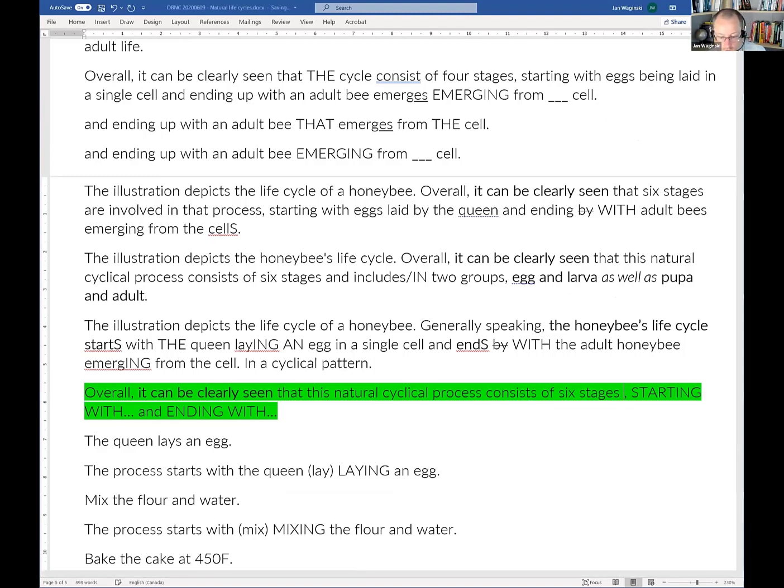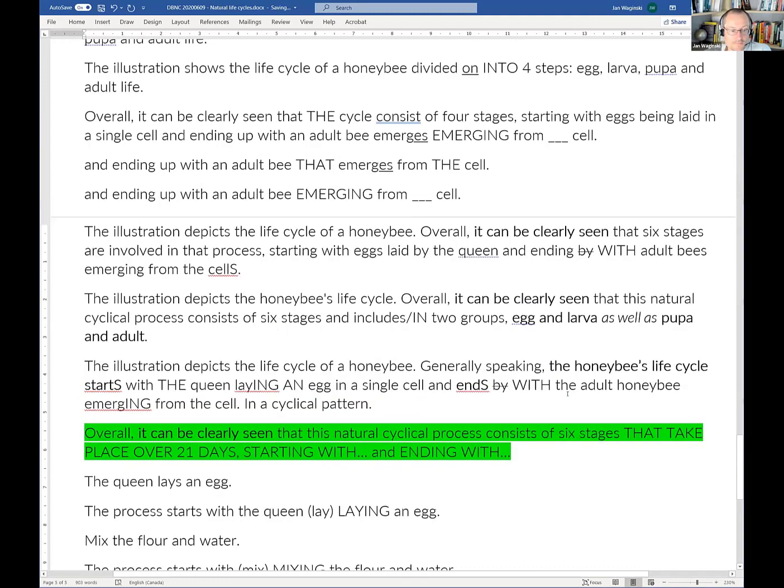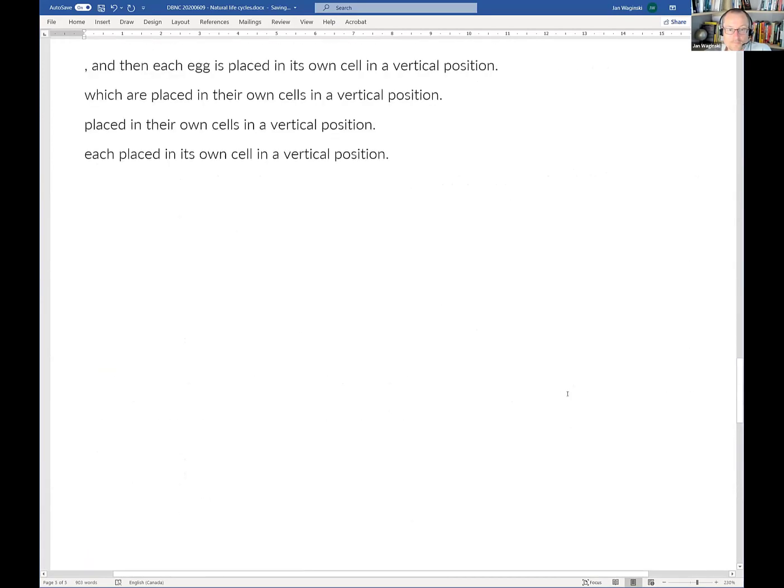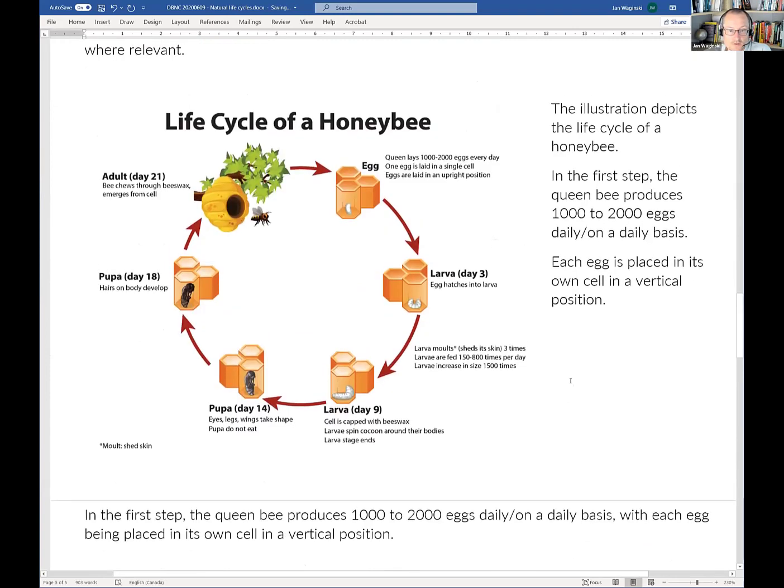Okay, how about, why don't we put it here? That take place over 21 days. So we missed that one, but okay.